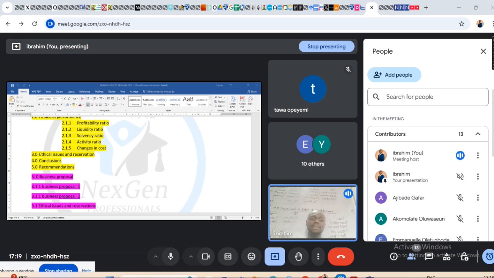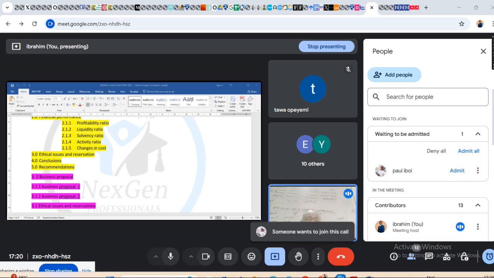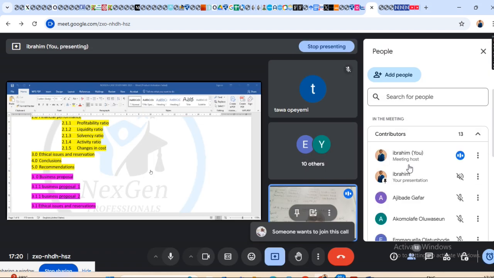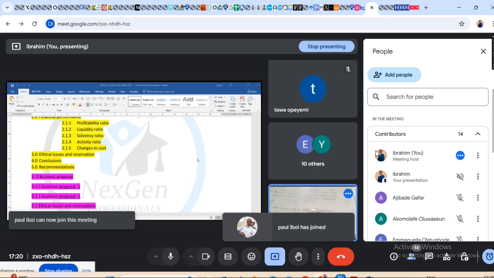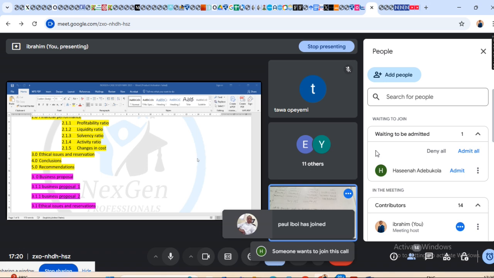And I've explained in my previous lecture that a business proposal is like a forecast. They will tell you that this company wants to expand its operation to the southeast or southwest, and you are employed in an audit firm to do an analysis of the business proposal.